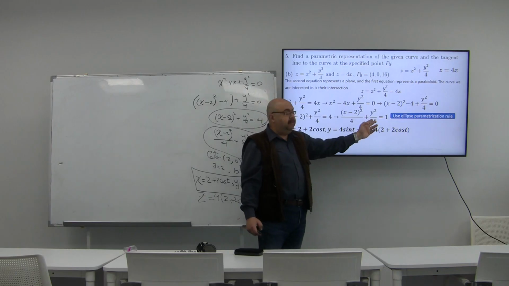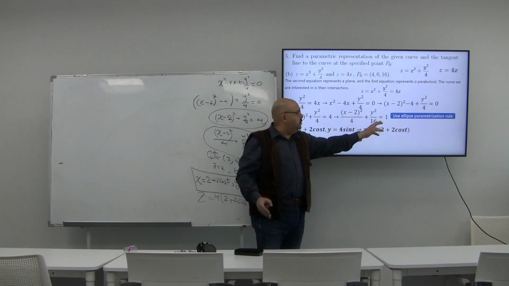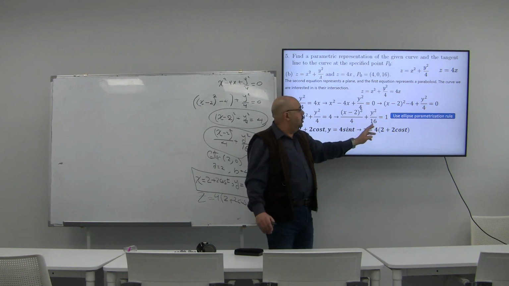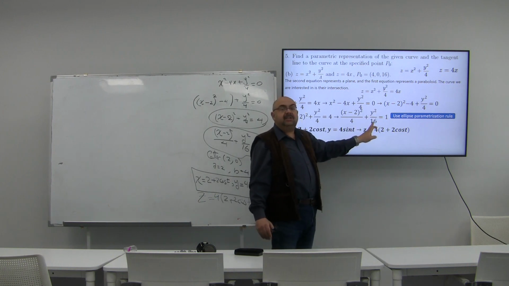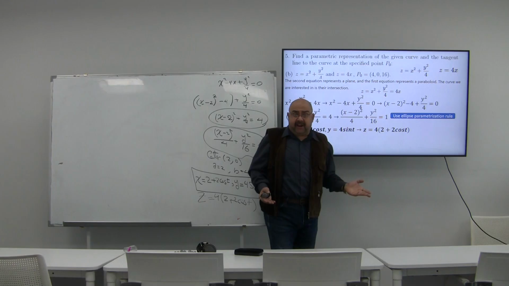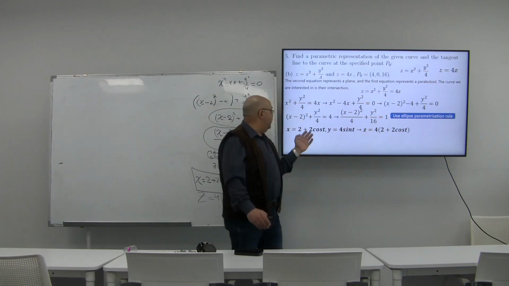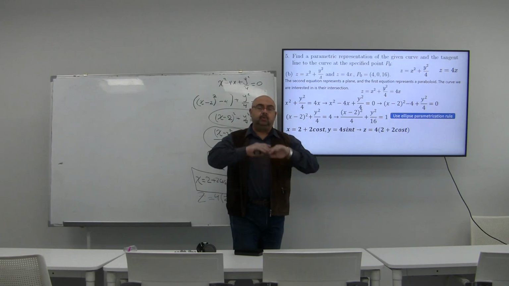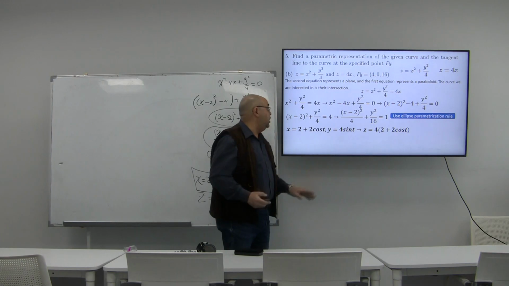And for y, the displacement component equals 0, because I don't have any displacement in the y direction, but it's going to be 4 for the semi-axis in the y direction, which is going to be 4 sine t. And z equals 4x. So that's the value of x. This is x, y, and z. Now back again to the main line, to the main equations, nothing new for us.